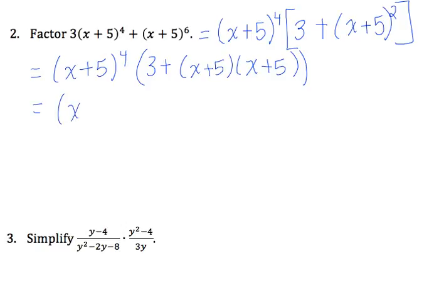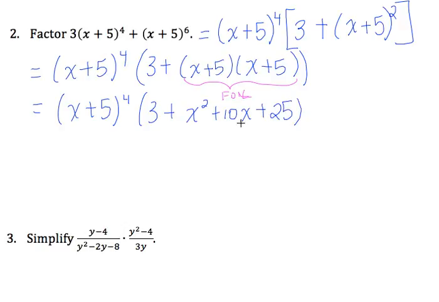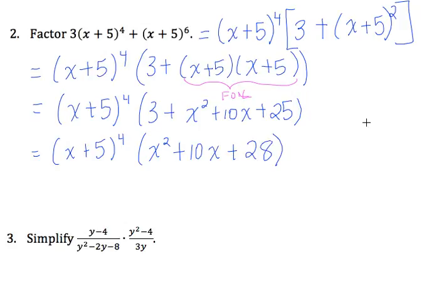Those two x plus 5s right here, I'm going to FOIL, to get x squared plus 10x plus 25. So then let's add the 3 and the 25 to get x squared plus 10x plus 28.